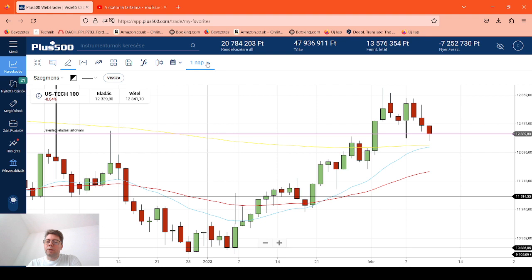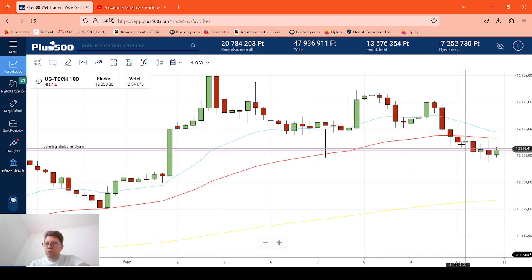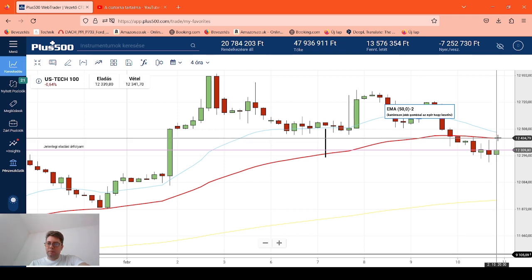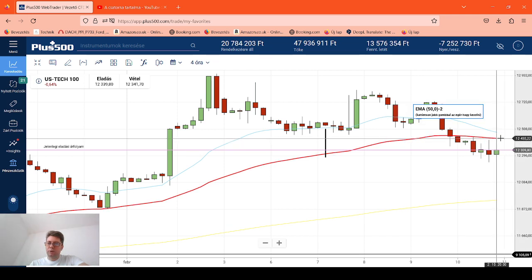Yeah, let's have a quick look at the 4-hour chart. I want to see if there's anything for the very near short term. So this is the 4-hour chart. We will probably run to the 50 EMA on the 4 hour, 12,430.